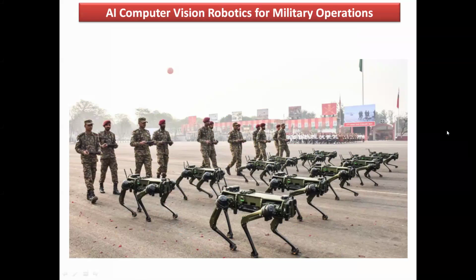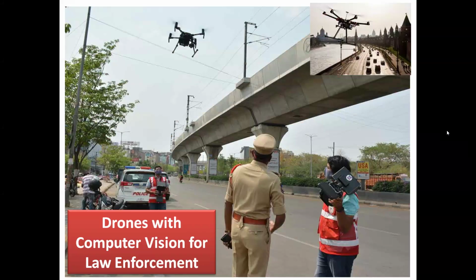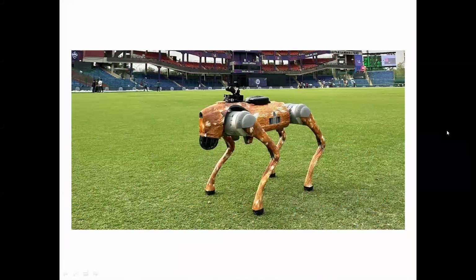You might have seen in different cricket matches, particularly IPL matches, a particular robotic dog. This is also a computer vision based application. However, there are sensors, some particular actuators, some specific devices.